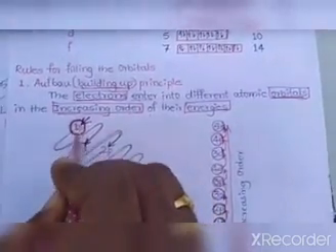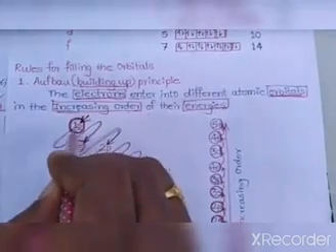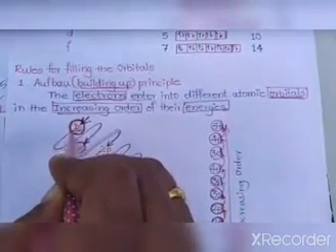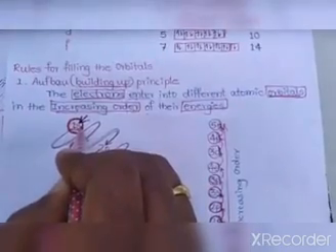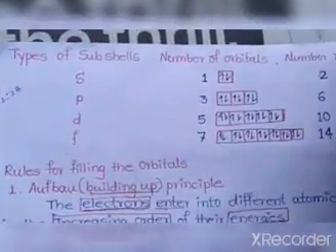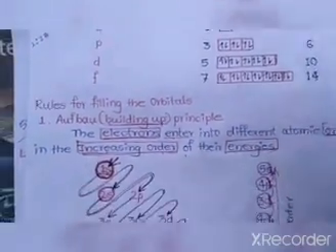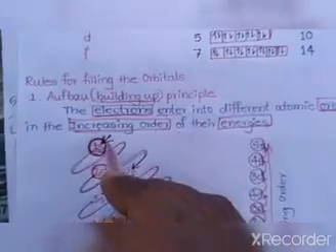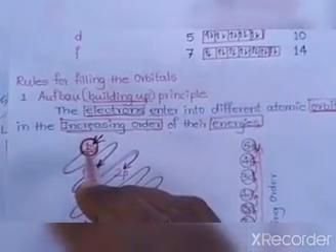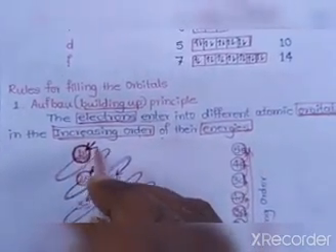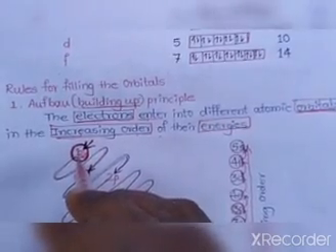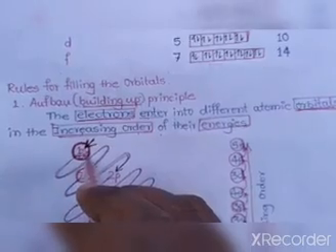Already we discussed in the last class, an s orbital has the capacity to hold 2 electrons. Therefore, here the first electron fills this. Next, the second electron also fills this orbital.